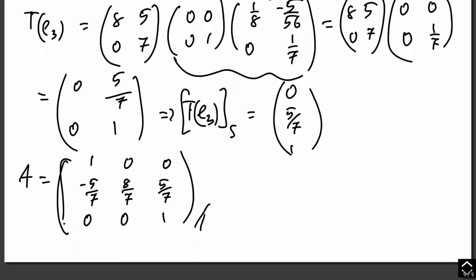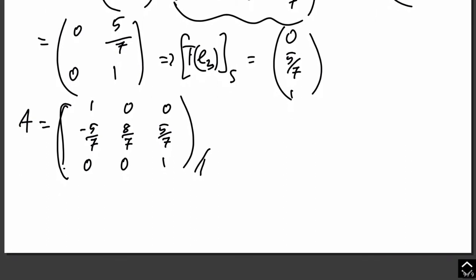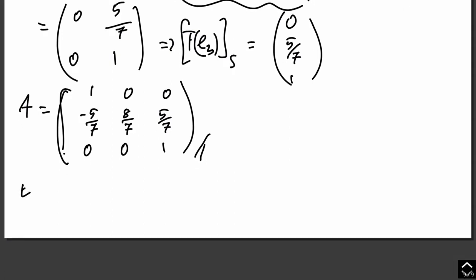And the nice thing is then, if you want to apply this transformation to any matrix, all you have to do is multiply with one matrix instead of doing a complex multiplication. So let me show you why this is nice.